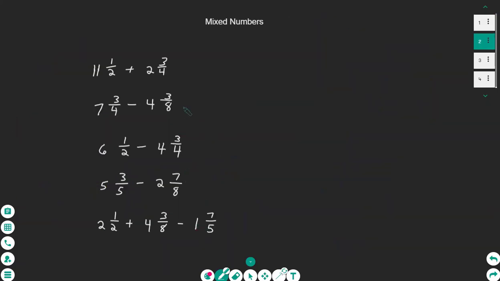All right. Next step. Now, what happens if we have mixed numbers? Hopefully you recall mixed numbers. Mixed numbers are where we have a fraction and a whole number, right? Side by side. So 11 and 1/2 means you have 11 full pies plus a 1/2 a pie. So what would you do if you were trying to add these up?